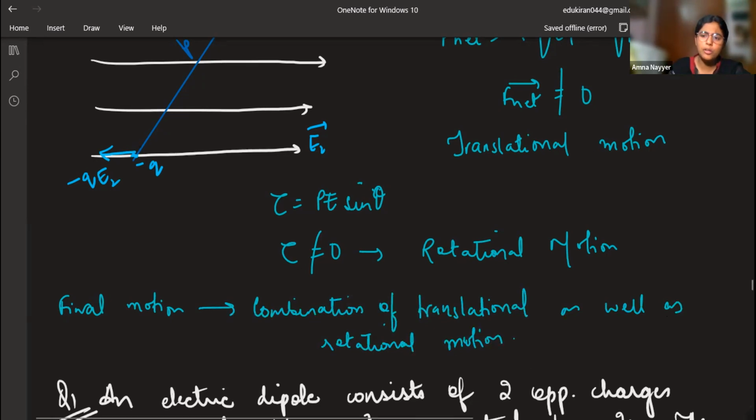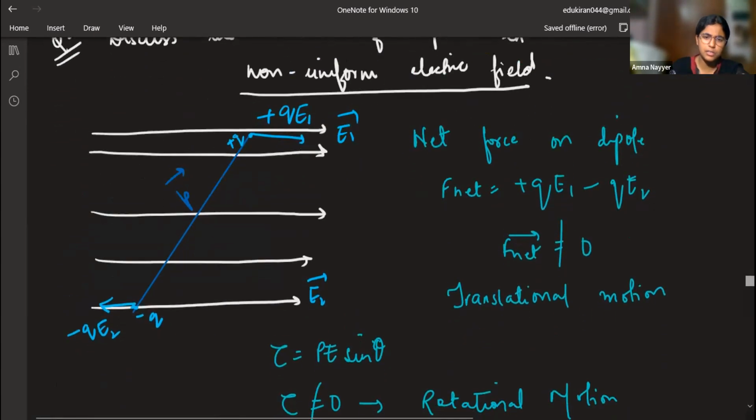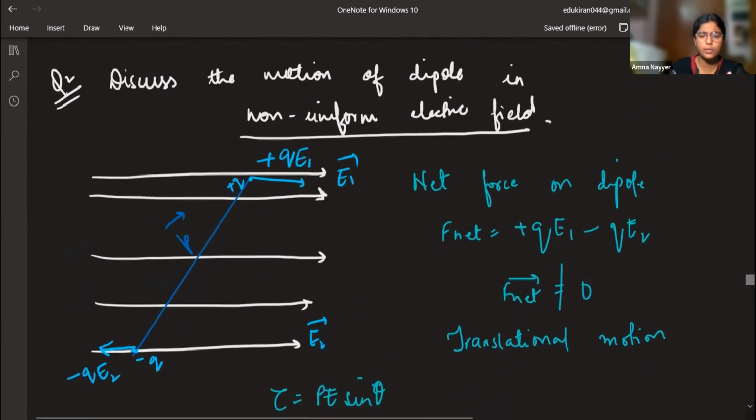So if a non-uniform electric field is specified by any chance, this is exactly what you have to write. Quickly note it down. Then one last question we'll see, then we'll see some other topic not related directly to torque.